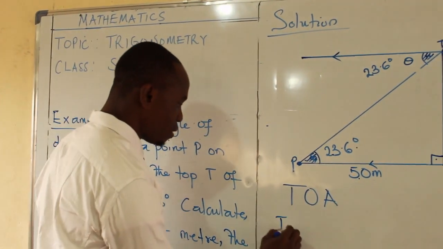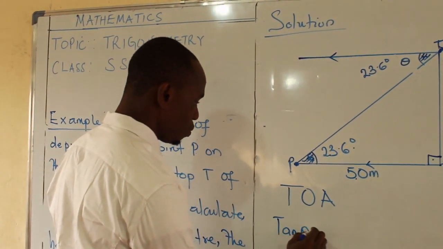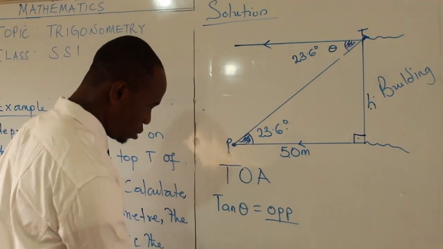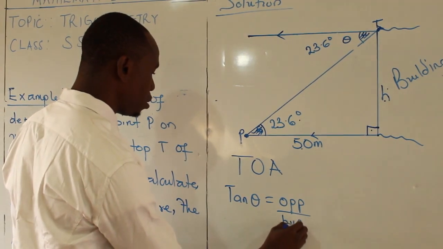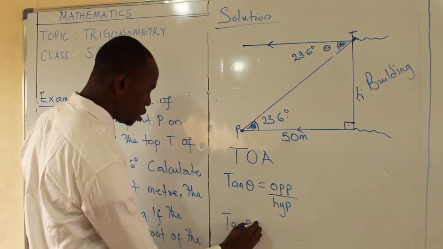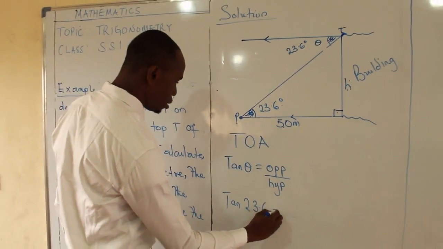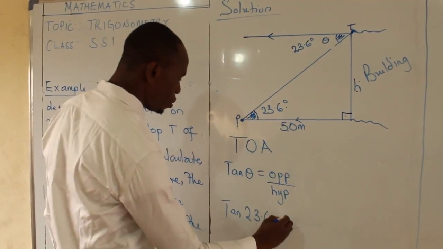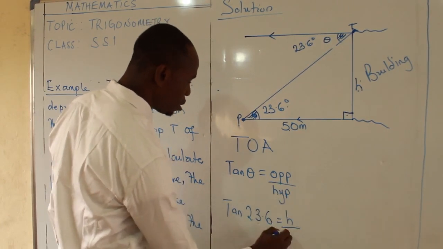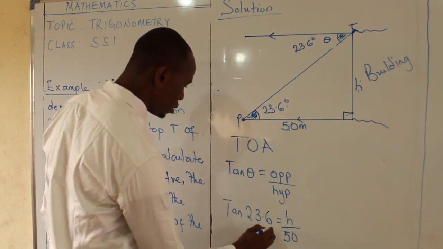The tangent of an angle is said to be the ratio of the opposite to the adjacent. The tangent of 23.6 is equal to the opposite, H, over the adjacent, which is 50.